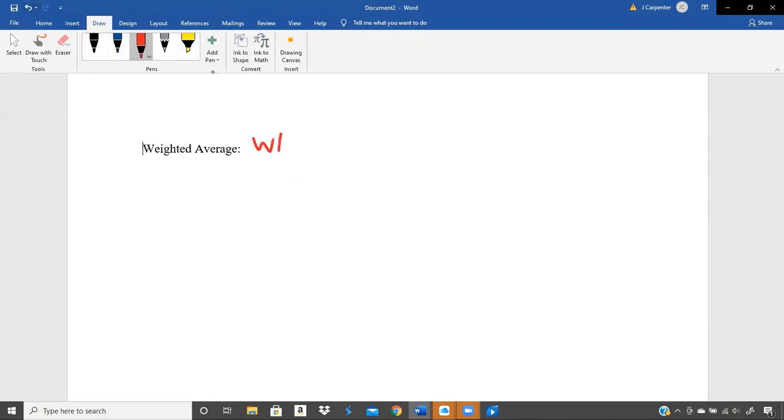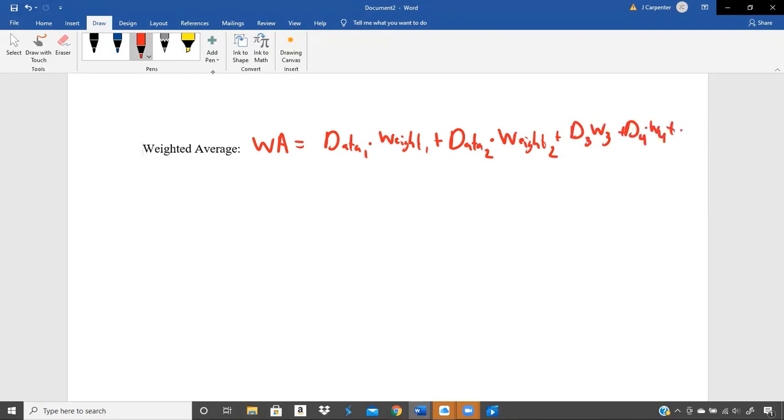The weighted average is equal to data 1 times weight 1, then plus data 2 times weight 2, and then plus, and I'm just going to abbreviate from here, data entry number 3 times weight number 3, plus data number 4 times weight number 4, and then plus, and you just keep going and going and going for however many datas and weights you have.